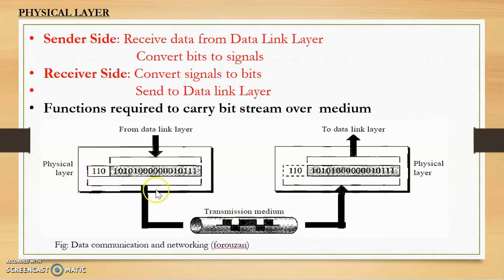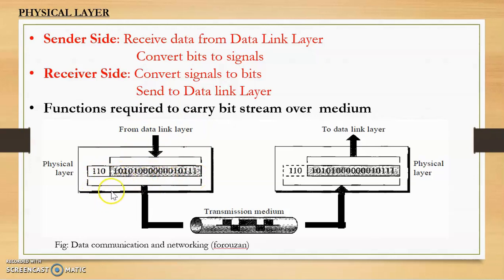At the sender side, the physical layer is the lowermost layer, and at the receiver side, the physical layer is the first layer. So being the lowermost layer at the sender side, the physical layer will receive information from the layer above it, that is from the data link layer, and the information will be in the form of bits.